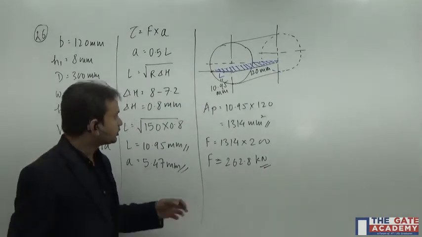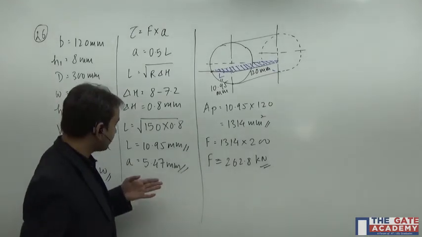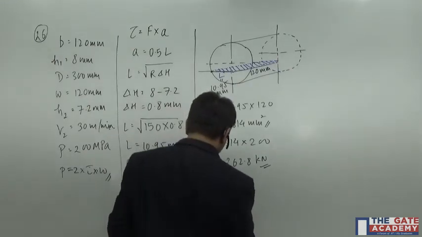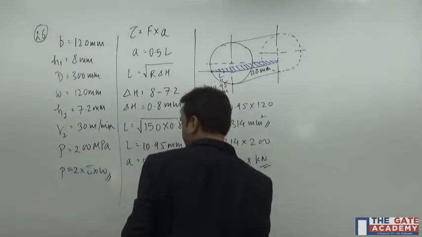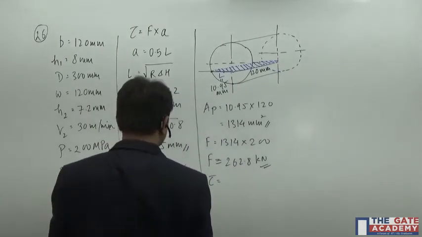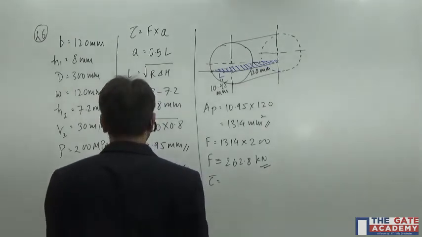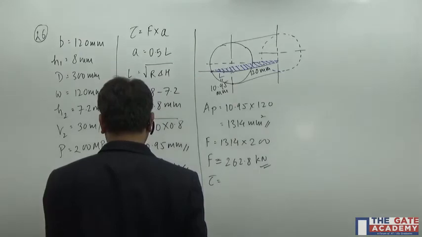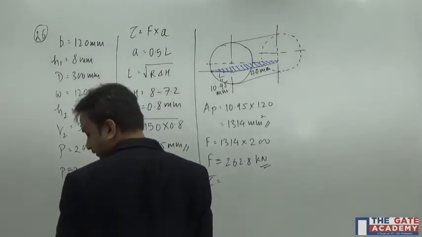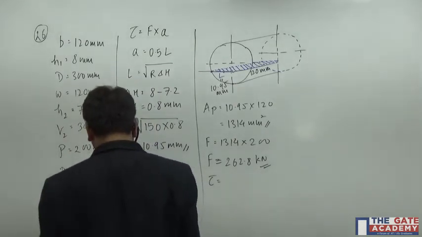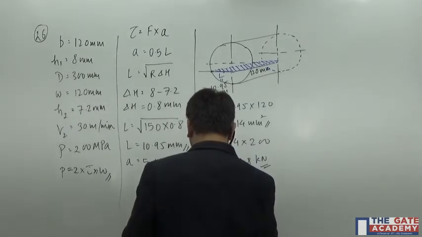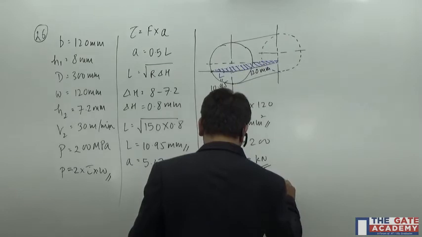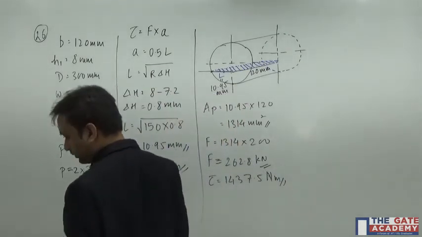So you have got the force, you have got the arm moment, and now you can calculate torque. And this torque I can compute. It is going to be directly, let us put down the values, times A, 5.47. So it is going to be 1437.5 Newton meter.